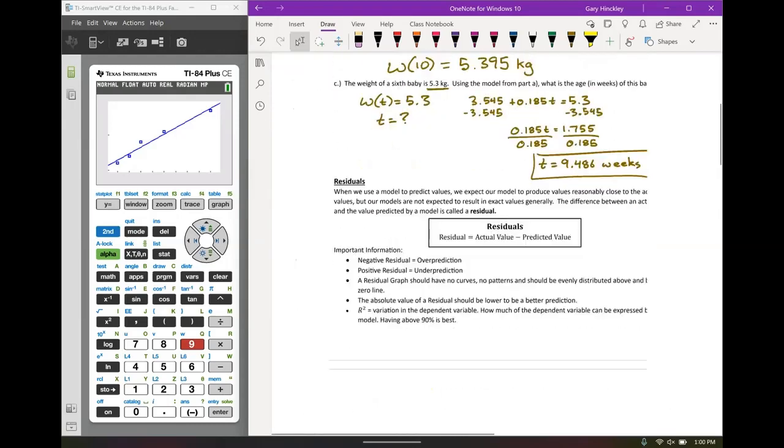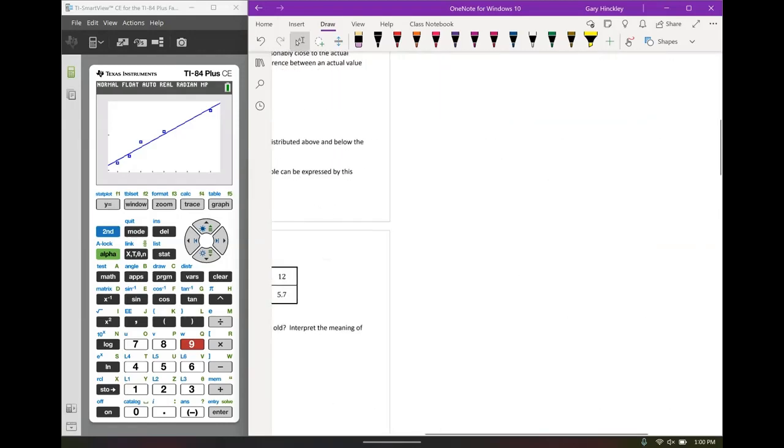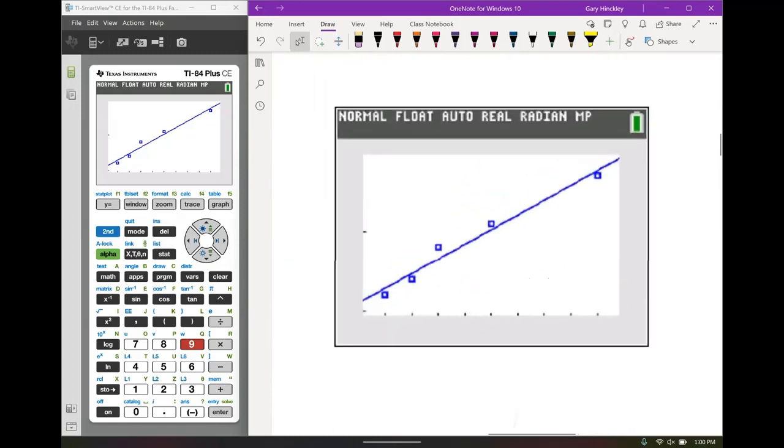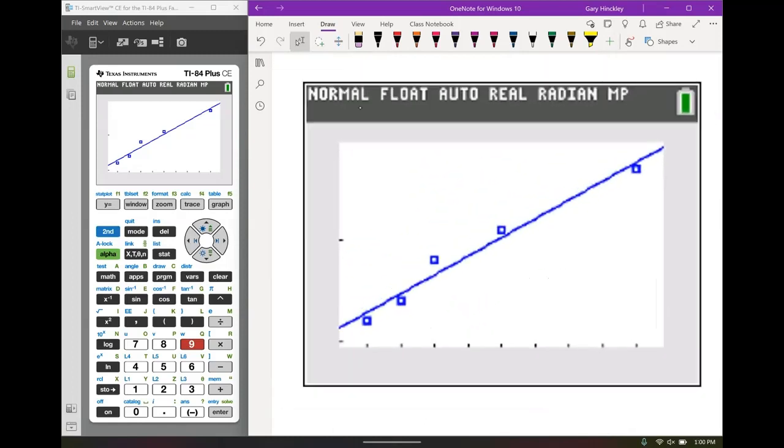All right, so looking at this scatter plot and our regression model, when we talk about our residuals, get back there, it decided to reset itself on me. When we talk about our residuals, this point right here is what we call our actual value for that data set at that input. That is our actual value.